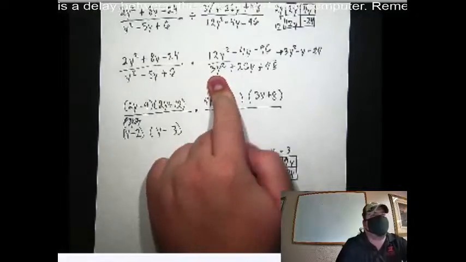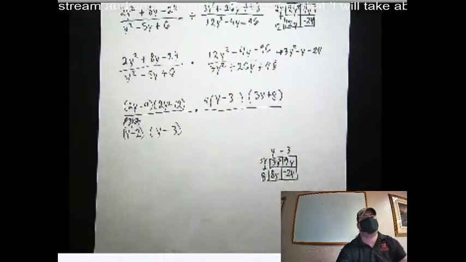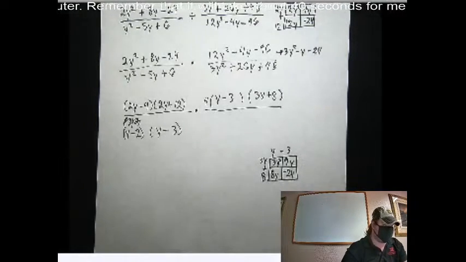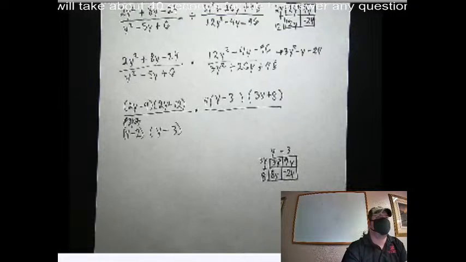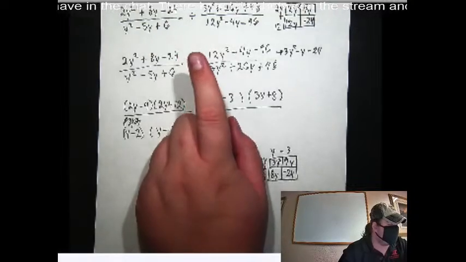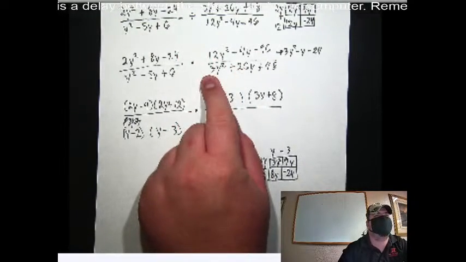So we now on the bottom have 3y squared plus 26y plus 48. Okay. So can we do a GCF on this one, since we were able to do it on the other one? Let's see. This is 26. Can 26 be divided by 3?